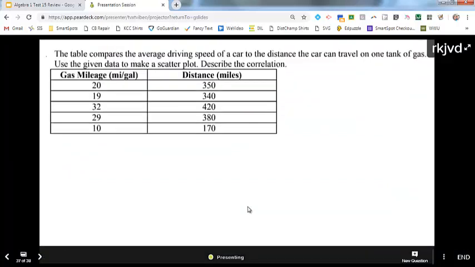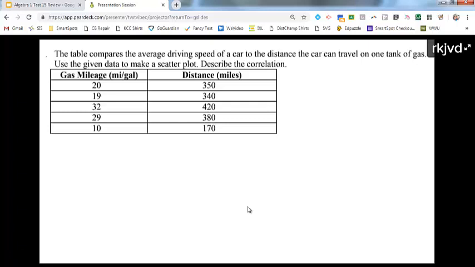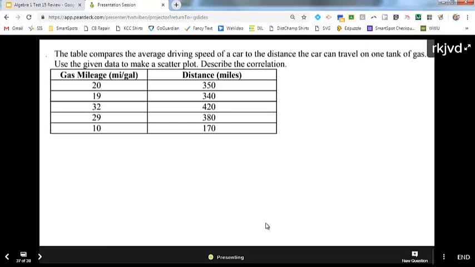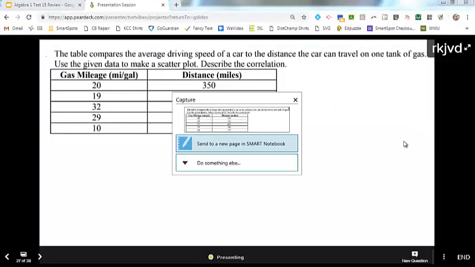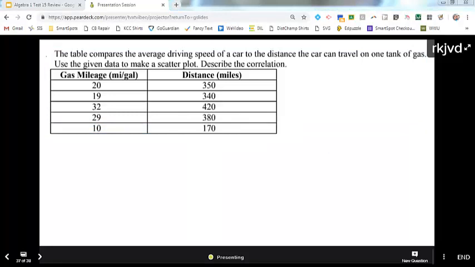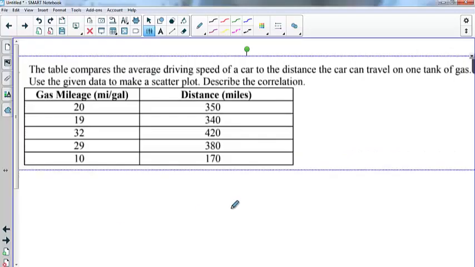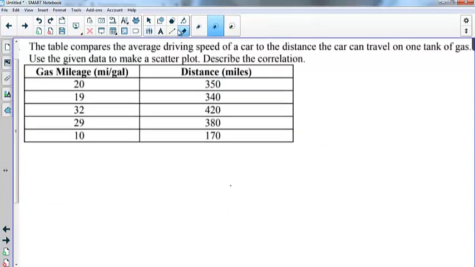Okay, on this one it says, the table compares the average driving speed of a car to the distance the car can travel on 1 tank of gas. Use the given data to make a scatter plot. Describe the correlation. Okay, so if I'm going to make a scatter plot, I'm first going to start by putting my axes.